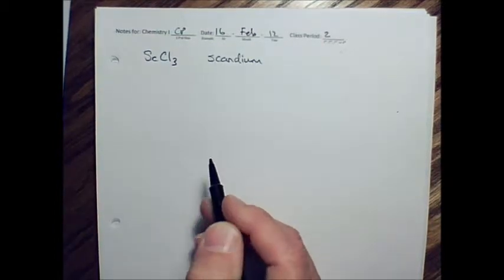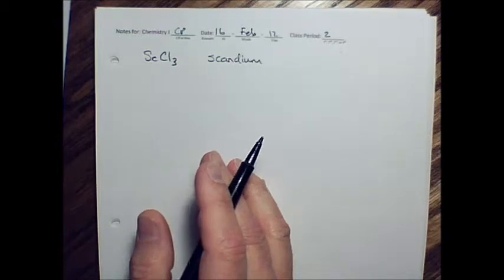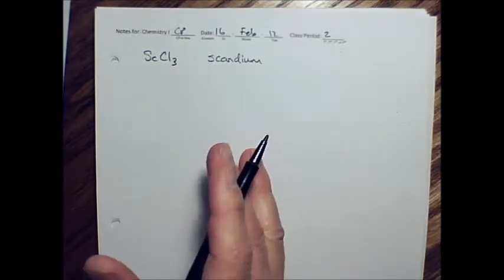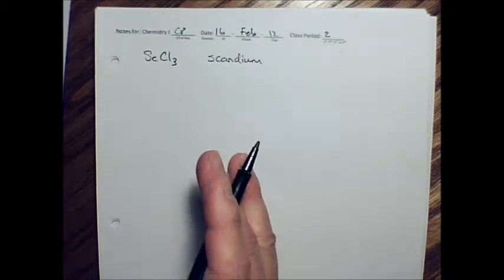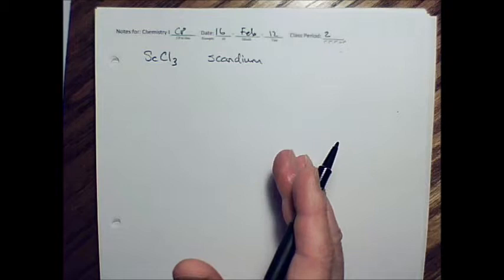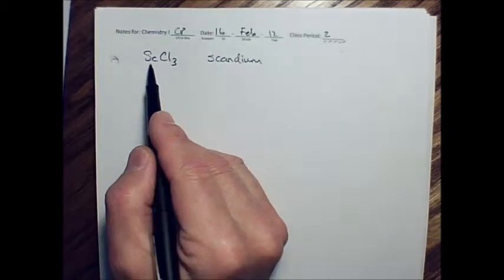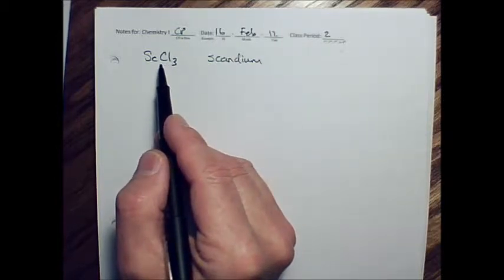Before you can name any compound, you need to know what kind of compound it is, because the classification of compound affects the way you name it. Ionic compounds get named one way, covalent compounds get named another. If you don't know what that is, you can't name it properly. We have a metal bonded with a nonmetal. Almost always that's going to be ionic.